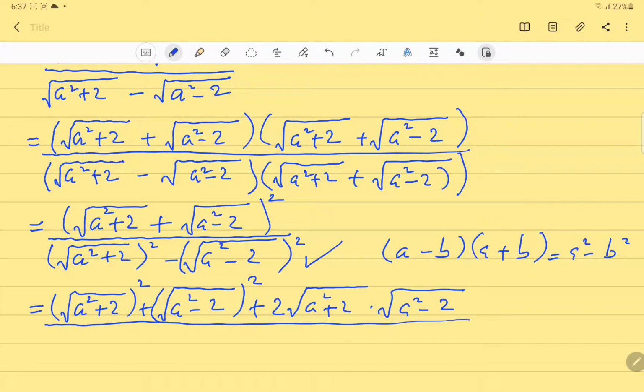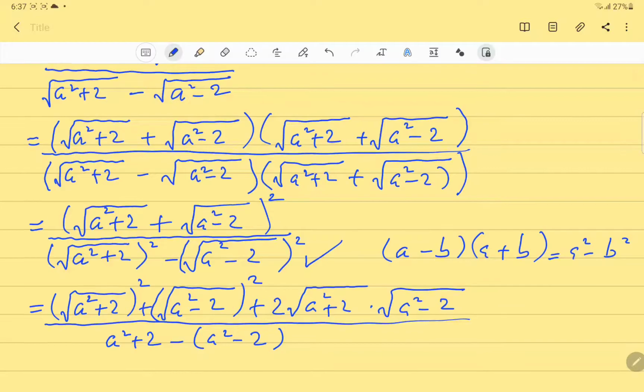In the numerator, simply square root will cancel with square, so we will be left with a squared plus 2, and in the second one a squared minus 2.